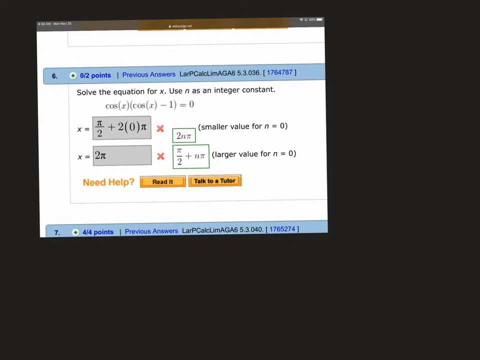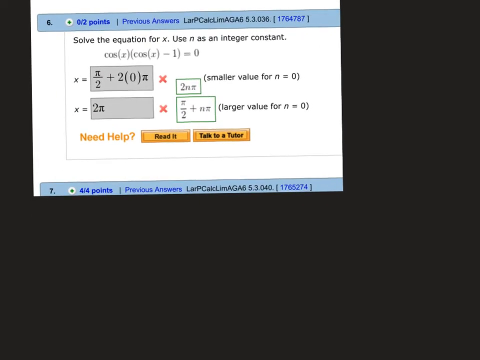6 says cosine times cosine x minus 1 equals 0. So I would get cosine of x equals 0 and cosine of x minus 1 equals 0. So cosine of x equals 1. It doesn't give you an interval, so it's everywhere plus 2 n pi. Cosine of x is 0 at, nope, sorry, this would be your pi over 2.